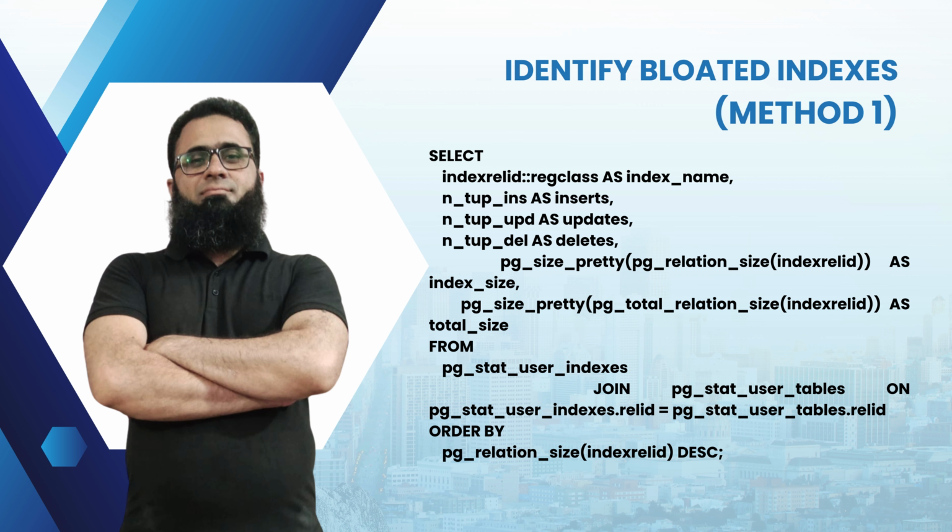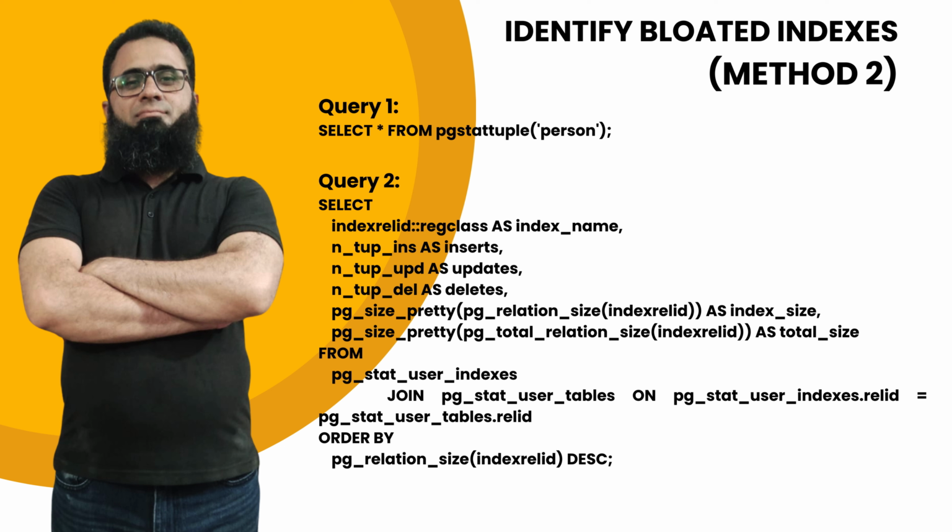This is a query. By this you can easily find out the bloated index in the PostgreSQL database. The view is pg_stat_user_indexes. So you can select from this view and find out the bloated indexes in your PostgreSQL database. And that is method 2.